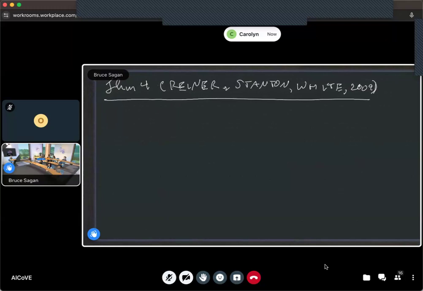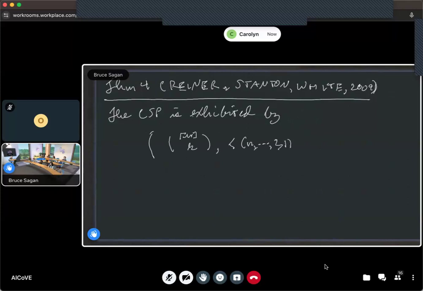And it says that the CSP is exhibited by the triple consisting of the k-element subsets of 1 through n, the group generated by the reverse cycle, and the q-binomial coefficient n choose k. Okay.